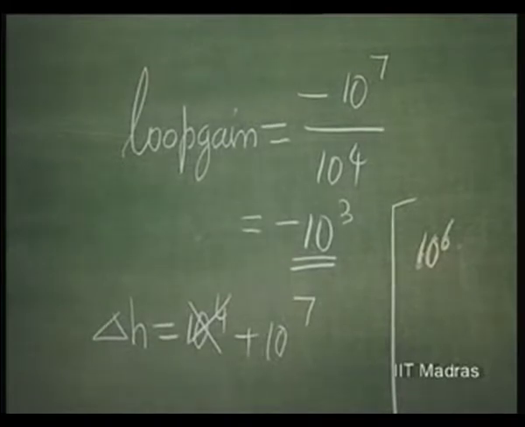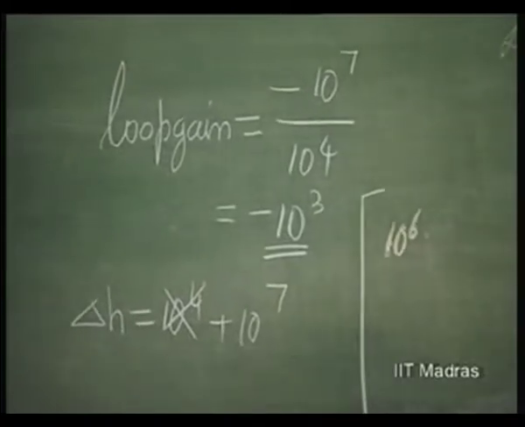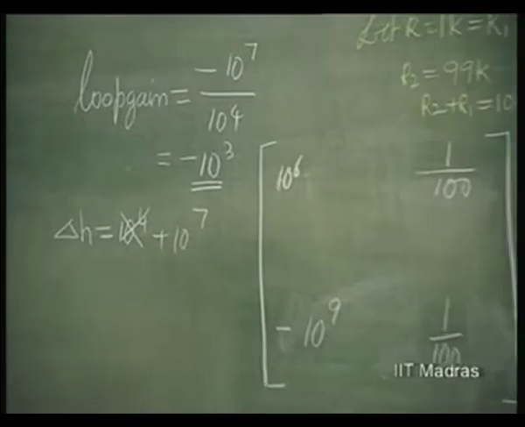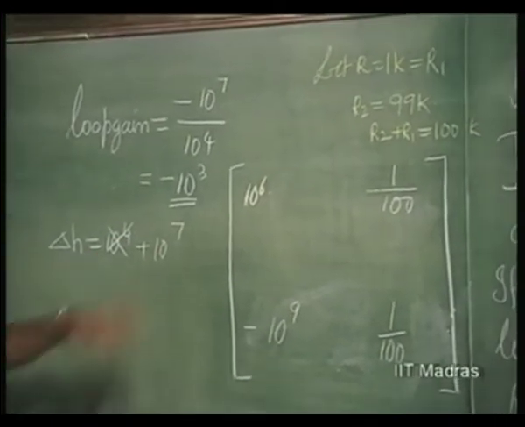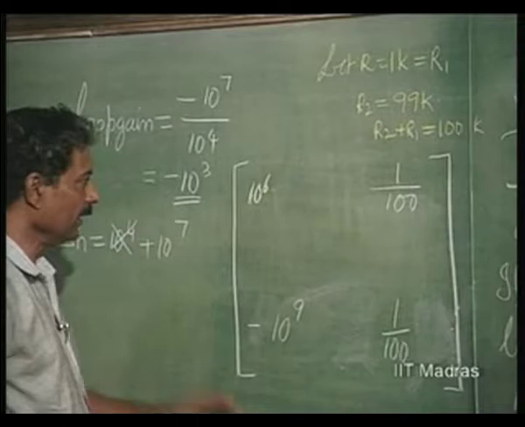So what is the modified G parameter here? So I divide by delta H throughout. So let us first do that.